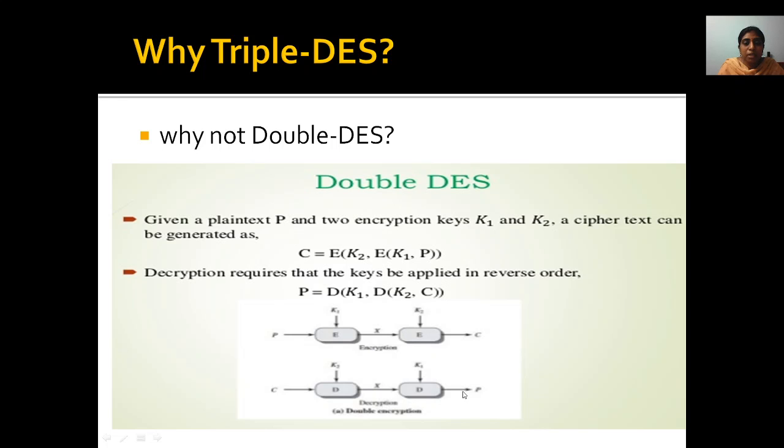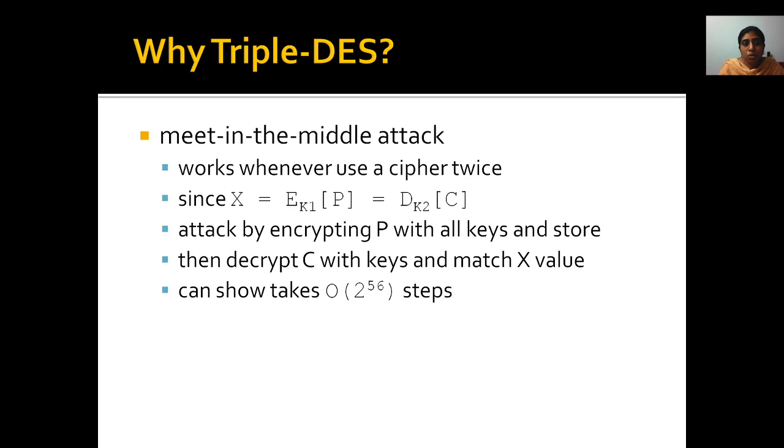But there is a certain disadvantage in using double DES, because a meet-in-the-middle attack was found. What is meant by a meet-in-the-middle attack?